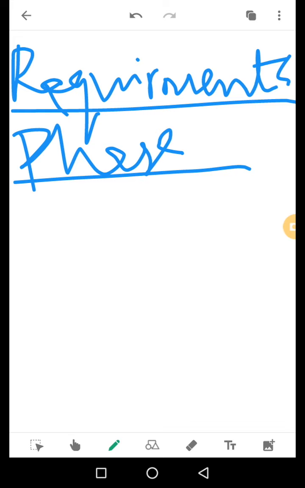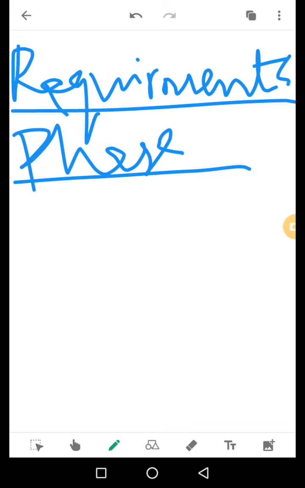So what we have been saying is that requirement analysis is very important in the development of a software system, because if this requirement analysis phase is not properly done, then the expected workability of the system is going to be affected.